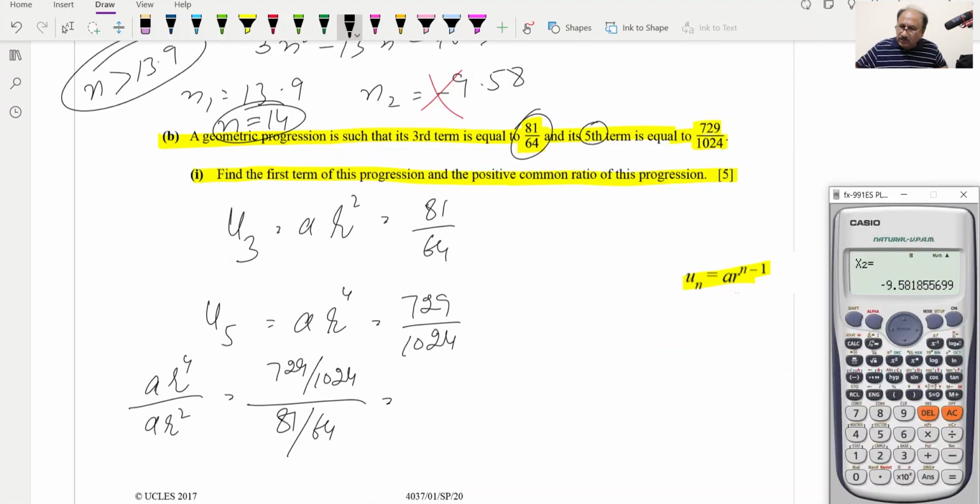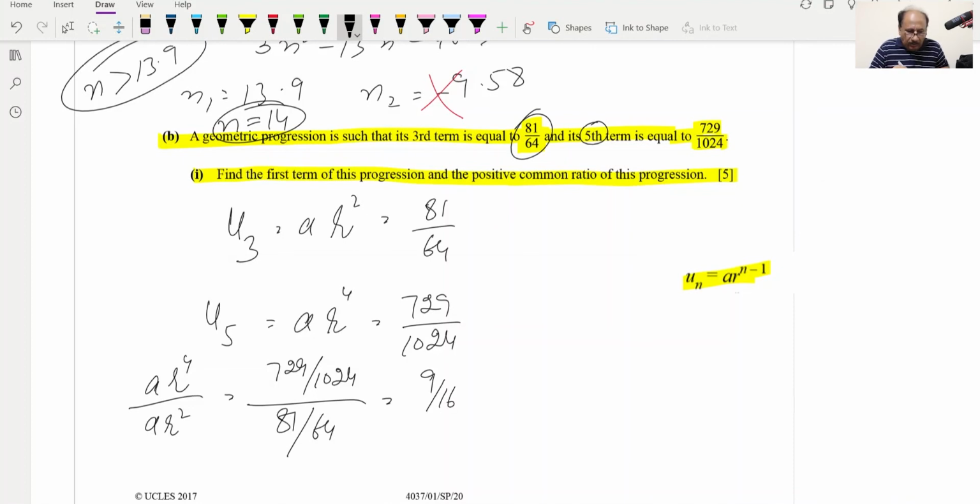If we solve this with the calculator, fraction over fraction, this will be equal to 9 by 16, and we can cancel the a, so this will be equal to r squared. So r squared is equal to 9 by 16. This implies r is equal to 3 by 4. So 3 by 4 will be the r value.